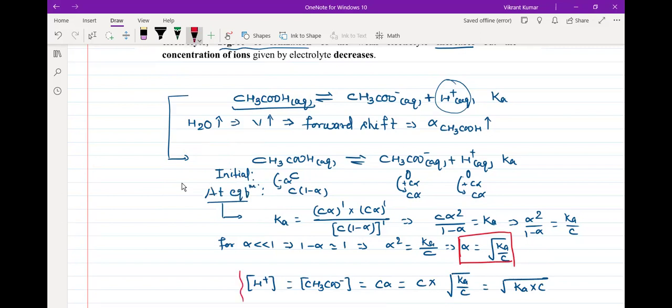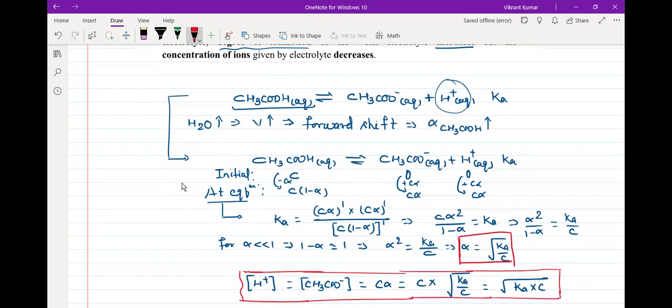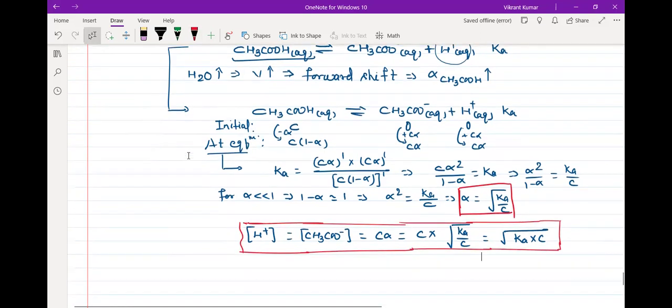Now, after getting these two expressions, if I ask you what happens on adding water: the acetic acid which you have added gets a lower concentration in more water, with the same number of moles. So on dilution, C is decreasing. C decreasing means alpha, which is under root K upon C, will increase.